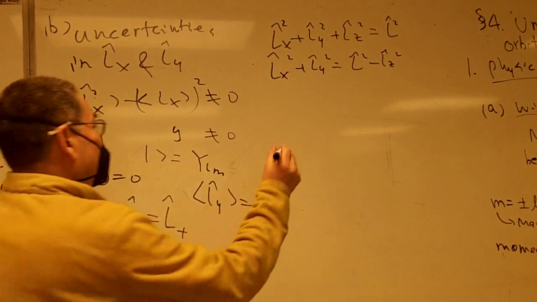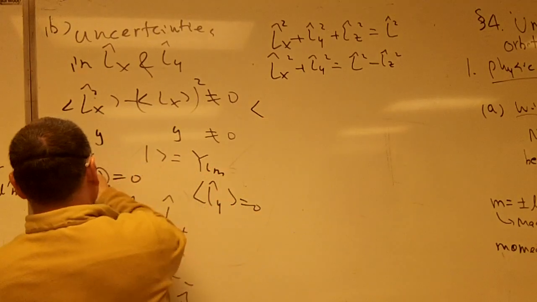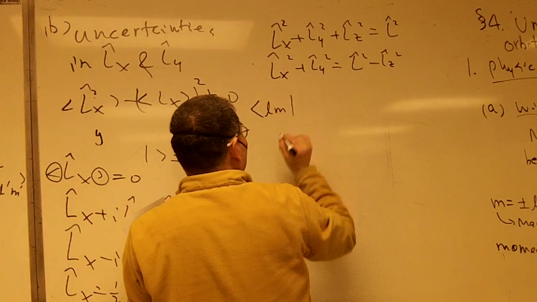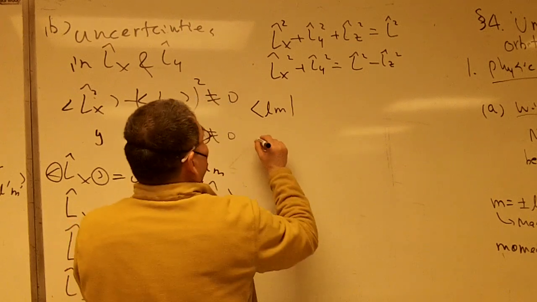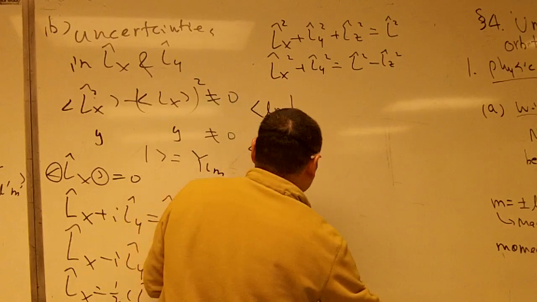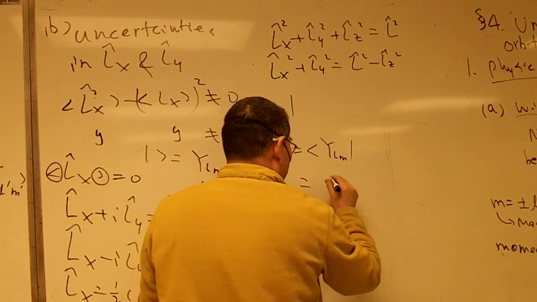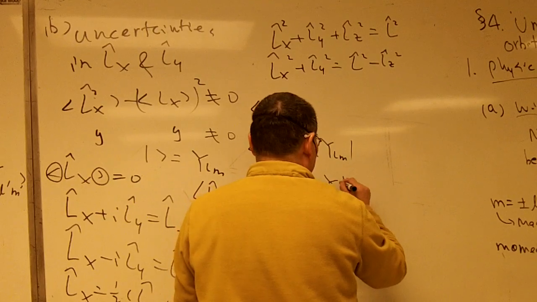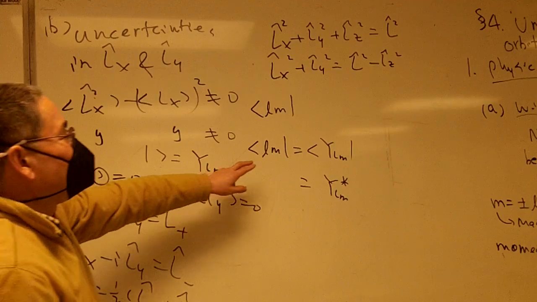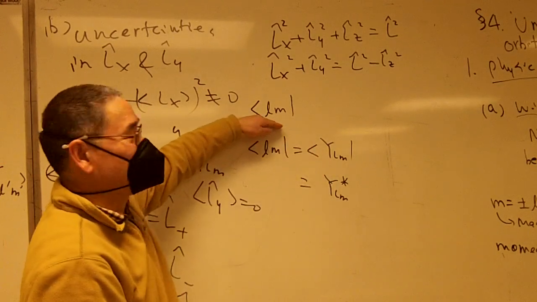Then I change the bra itself to Ln. And this Ln just equals Y Ln, exactly the same. Just for notation, because I hate to write Y all the time; it saves my time, just Yn.